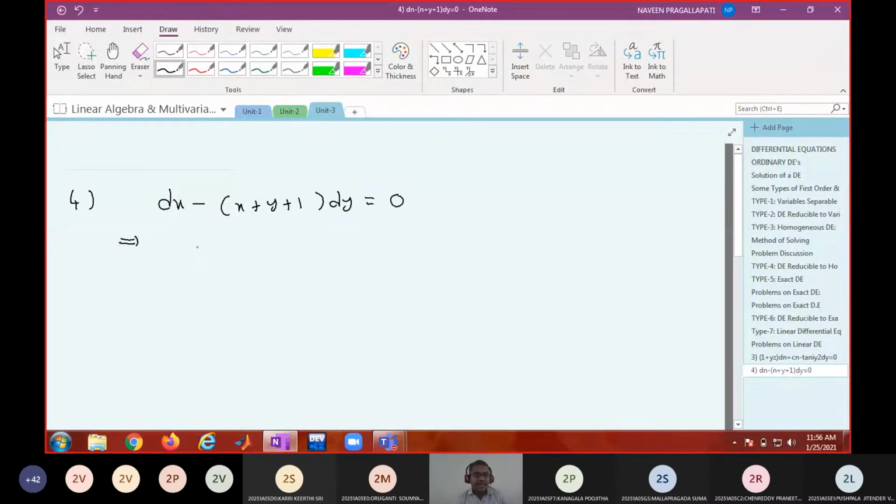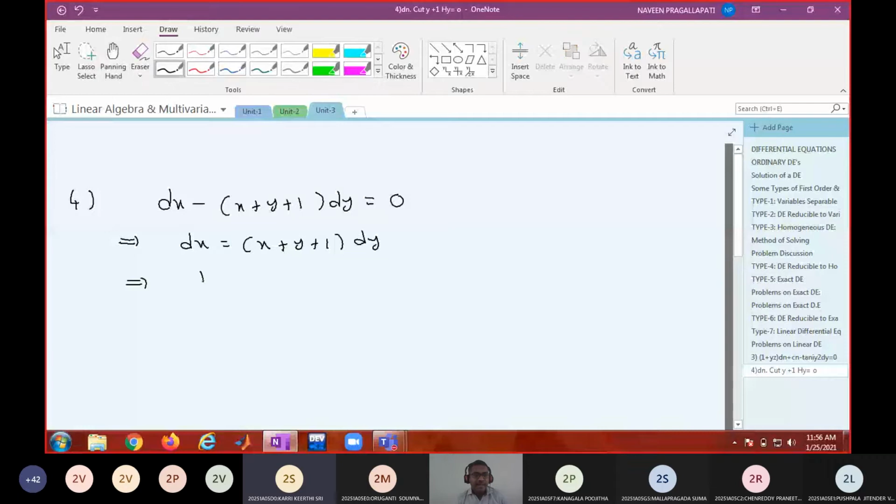So this implies that dx is equal to x plus y plus 1 into dy. Which one do you want me to write, dy by dx or dx by dy? If I write dy by dx, the x will go to the denominator. That is difficult, right?